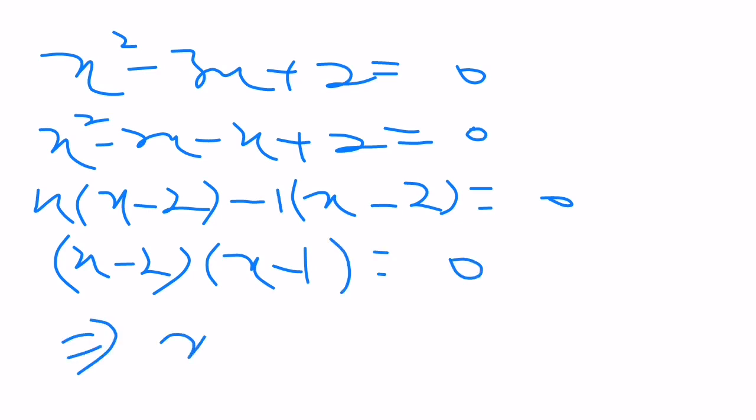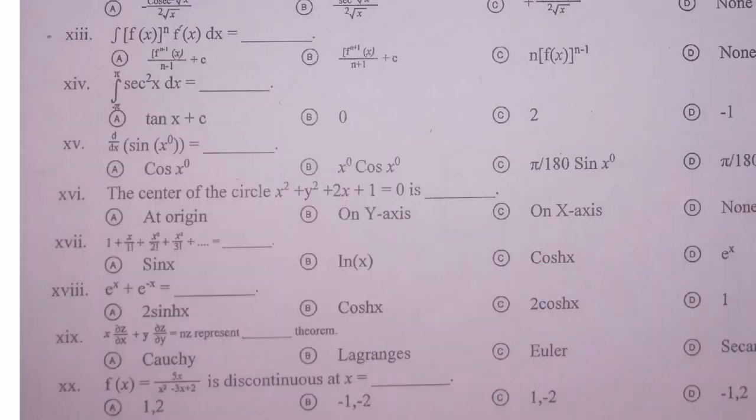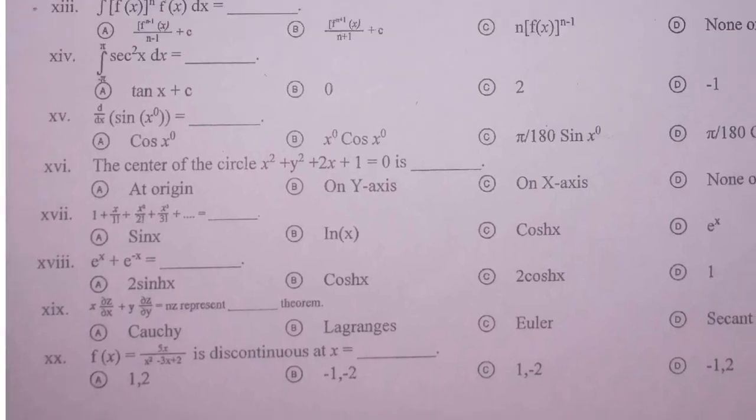So x is equal to 1 and 2. So this function is discontinuous at 1 and 2. So the first option is the correct option.